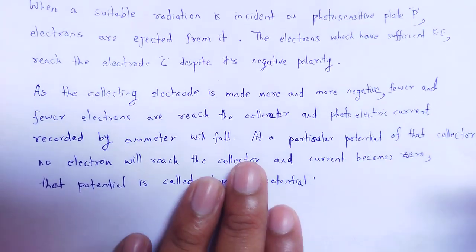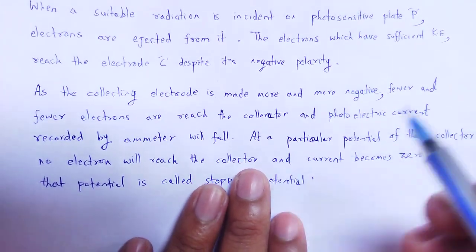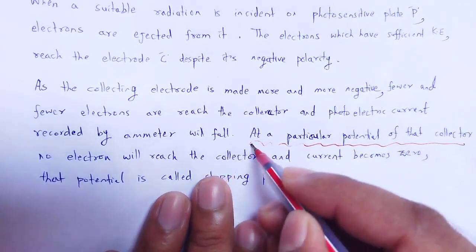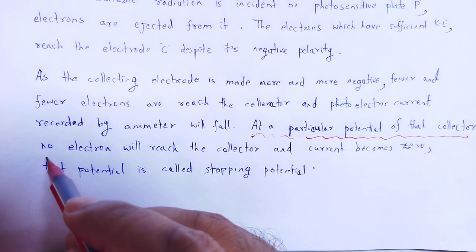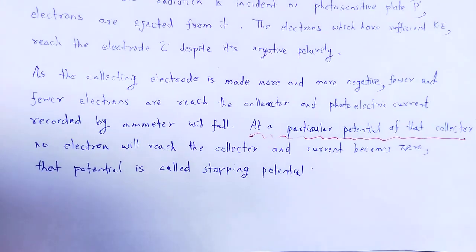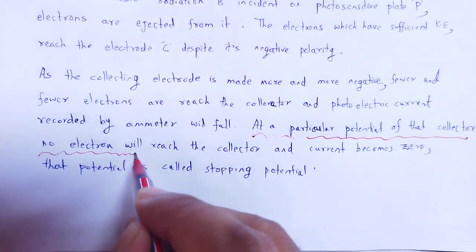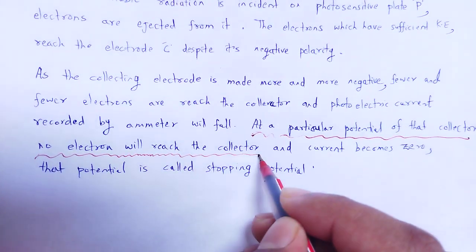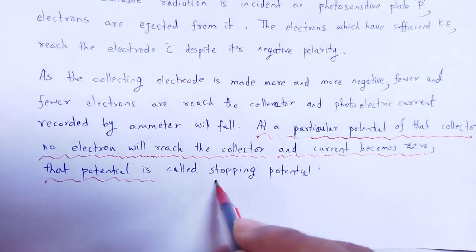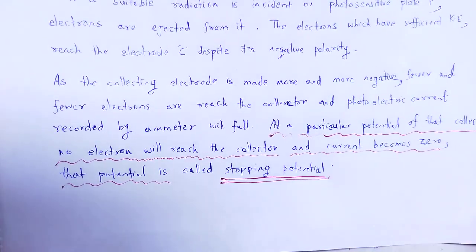At a particular potential, we notice that no electron reaches the collector, and the current becomes 0, and that potential we call the stopping potential.